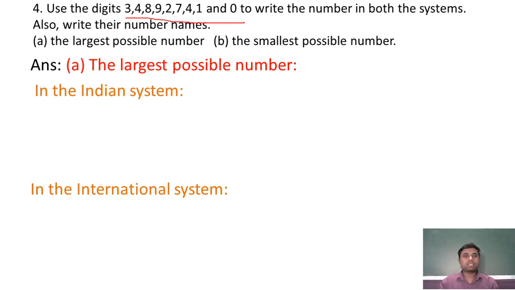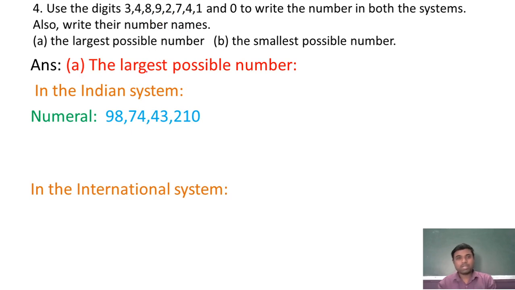When you write the largest possible number, you have to write the largest digit first. So among them, what is largest? 9, then 8, then 7. So just write in this way, 9, 8, 7, 4.